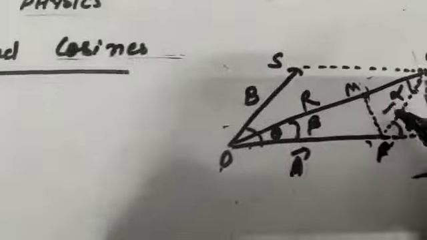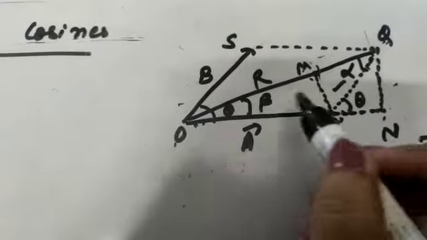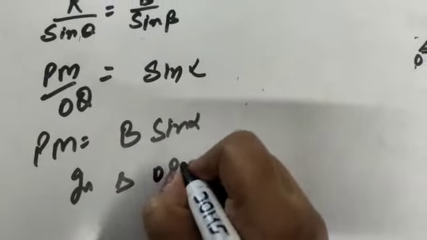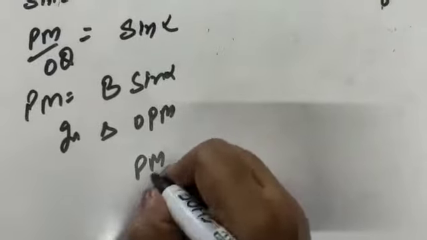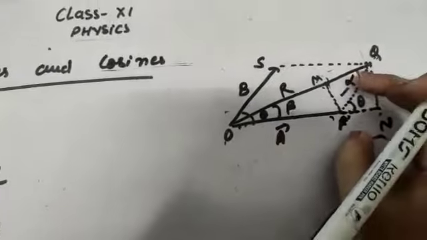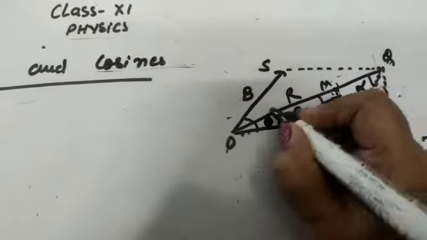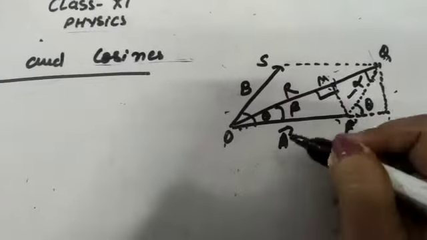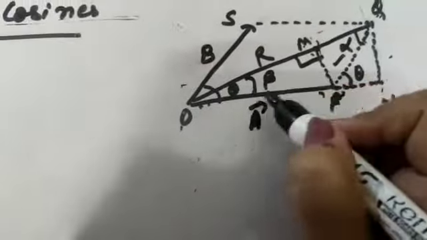Similarly, in the second triangle, OPM, because we know here A. In triangle OPM, PM upon OP is perpendicular upon hypotenuse, so it is sine of the angle in this triangle, which is beta.